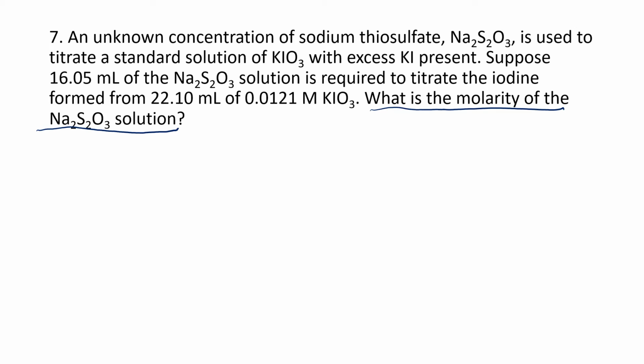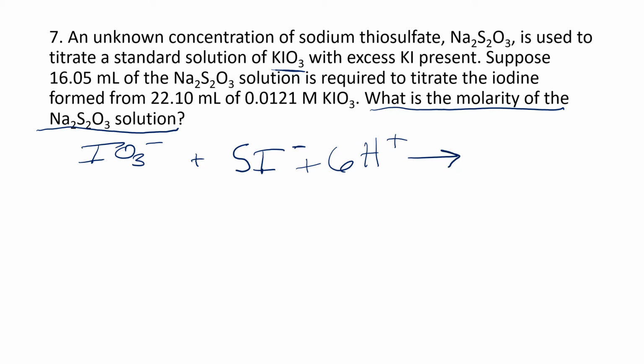There were two reactions that were given. IO3 minus, that's the same thing as KIO3, but we just took the potassium off, plus 5I minus plus 6H plus becomes 3I2 plus 3H2O.